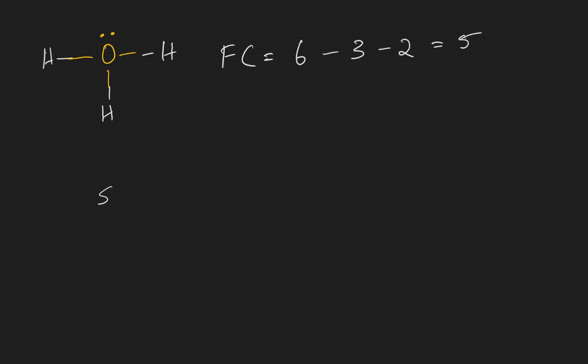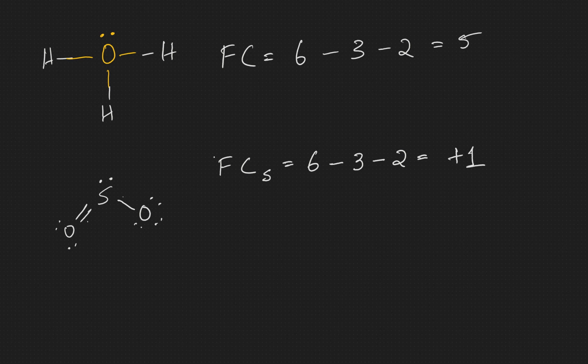The formal charge of the sulfur atom is equal to 6 valence electrons minus 3 bonds and 2 dots. 6 minus 5 is positive 1.